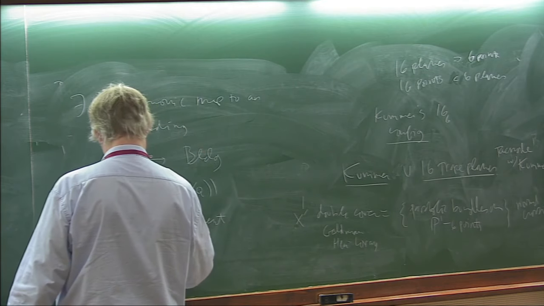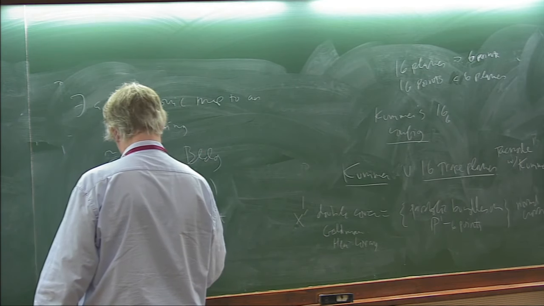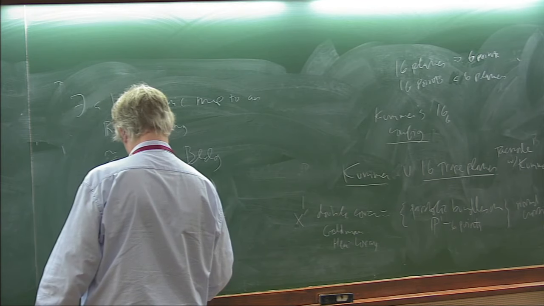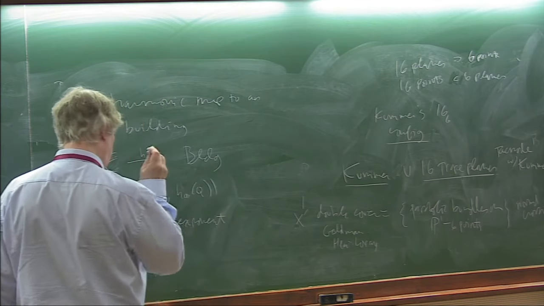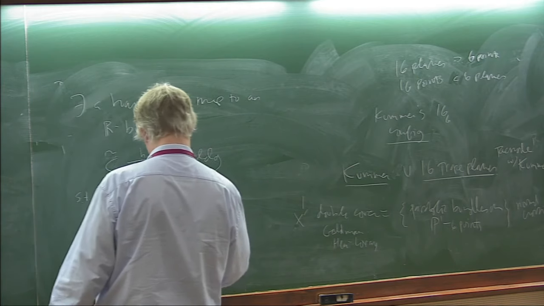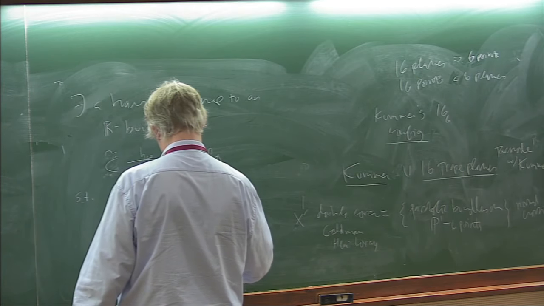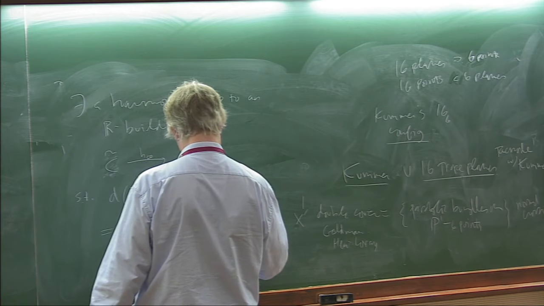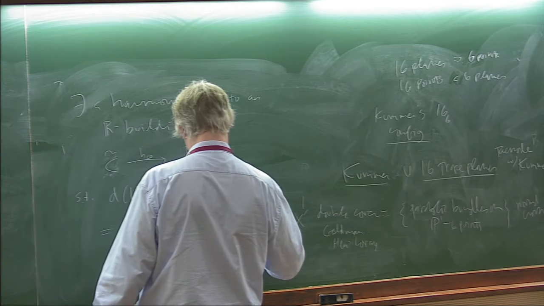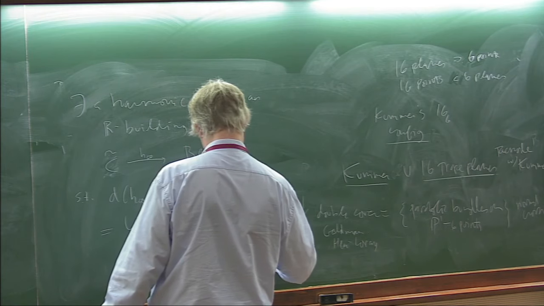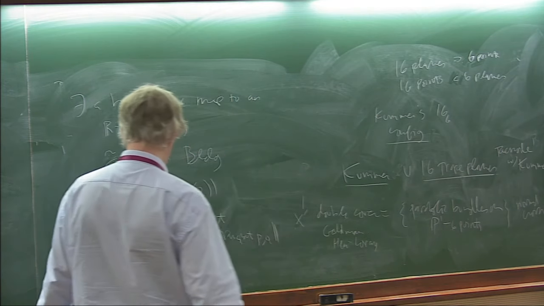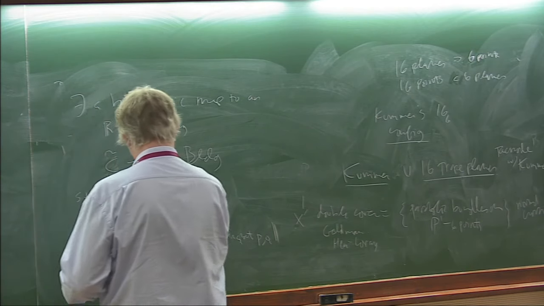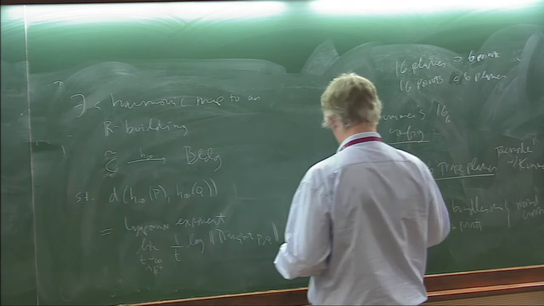Which is the limit, this thing depends on a real direction, of like 1 over t times the log of the norm of the monodromy of the transport from P to Q. So it tells you how big the monodromy is getting.